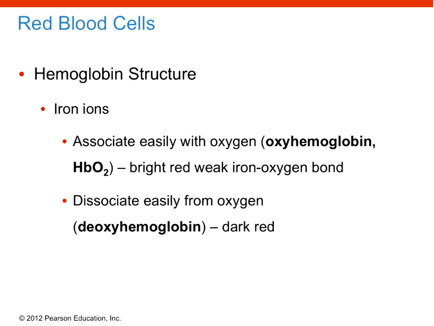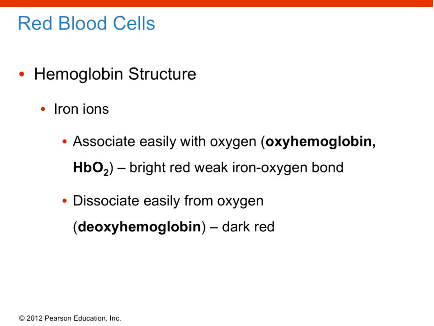Another important aspect of hemoglobin is that it has iron ions in it. That iron associates easily with oxygen. In fact, it has a very high affinity, or like, for oxygen. We call that oxyhemoglobin.